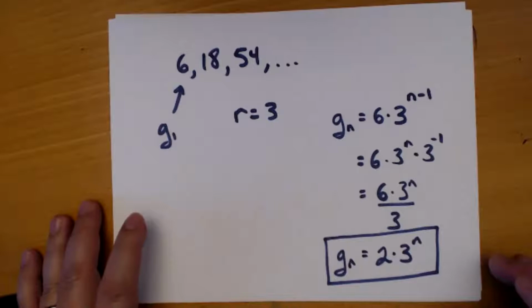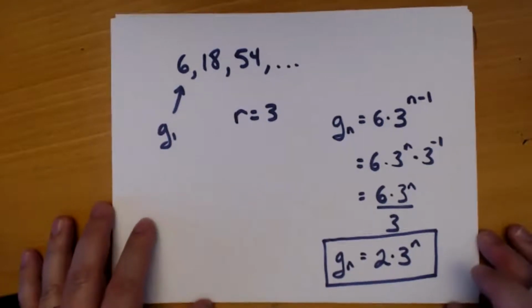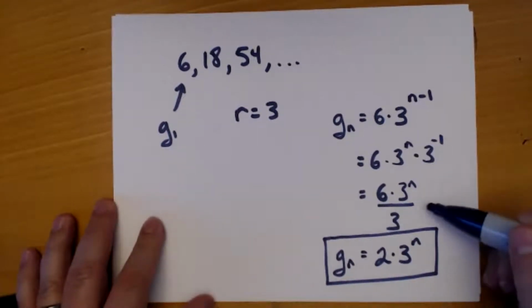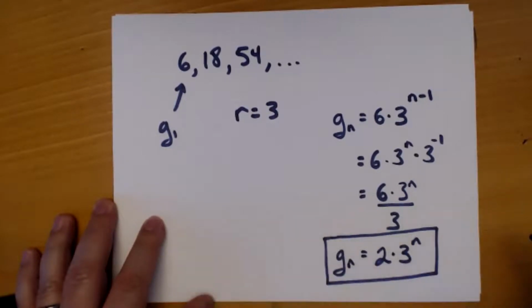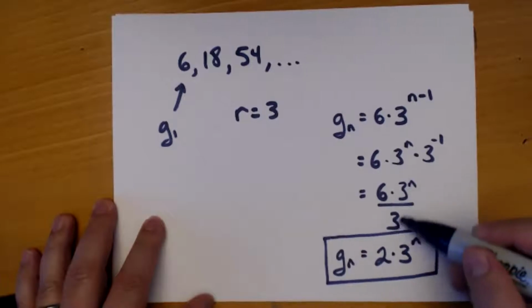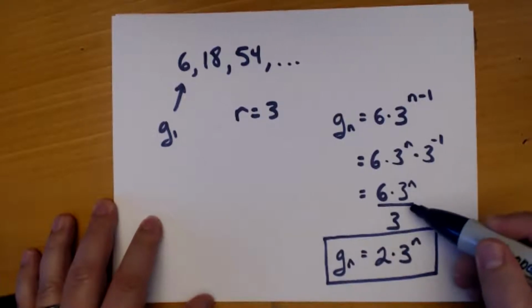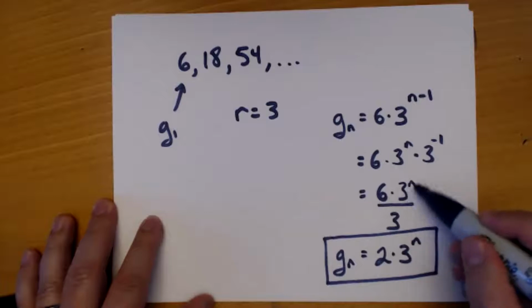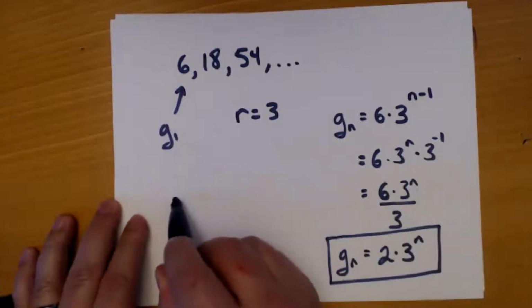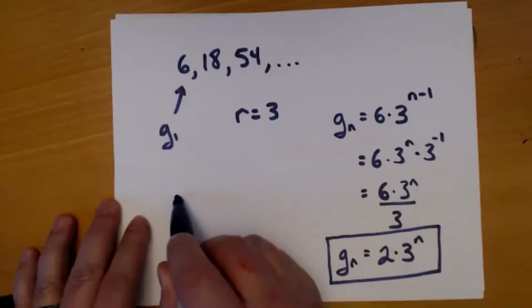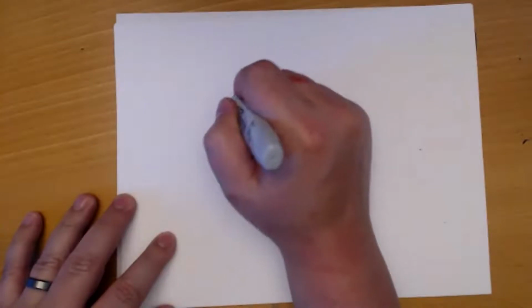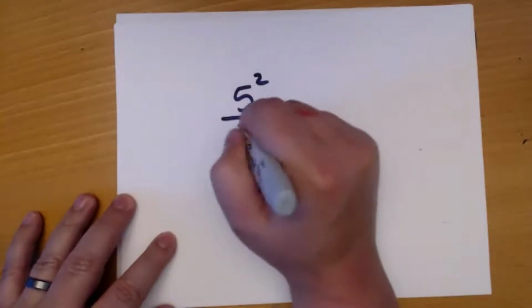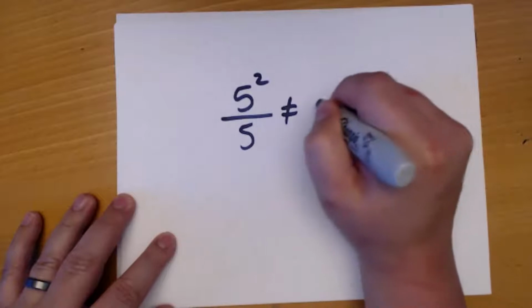Where it says 6 times 3 to the power n divided by 3, why isn't it 2 times 1 to the power of n? Why don't you divide 3 by 3? This? Yeah. I can't because this is an exponential. So let's think about it like this. 5 squared divided by 5 is not equal to 1 squared.